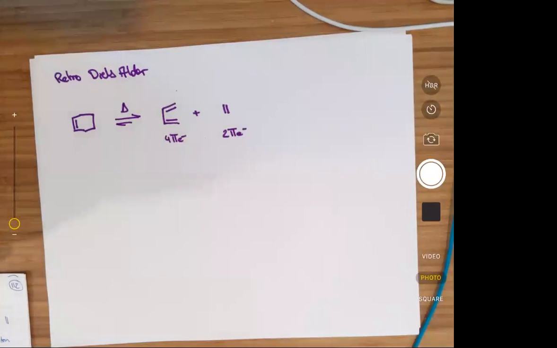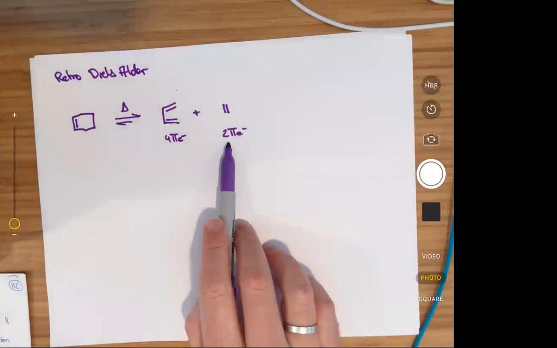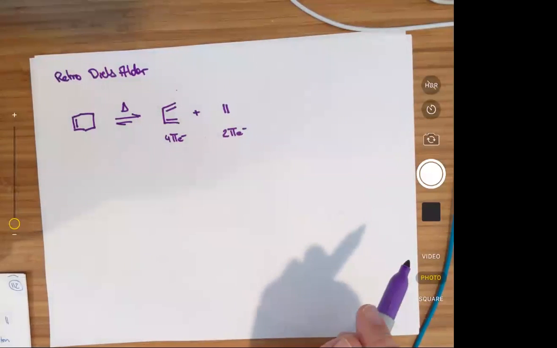So overall, the class of Diels-Alder reactions are in total 6 electron processes. We always have 4 electrons from the diene, and we have 2 electrons that pair up with it from the dienophile. So the total electron count in these systems is 6 pi electrons.